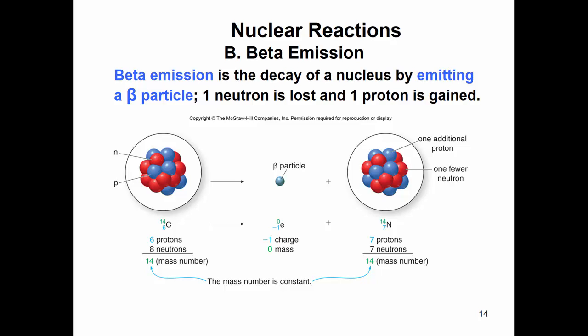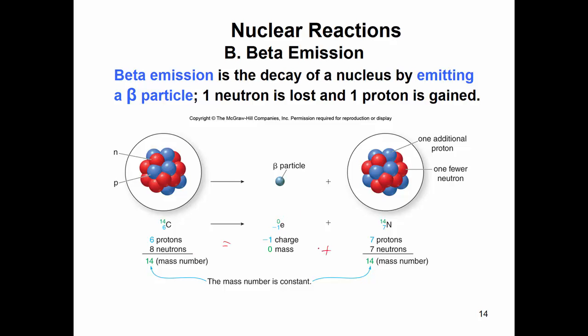All right, here is a beta emission. We know a beta particle looks like an electron, so we do the same thing here. We have a 14 and a 6 over here, and here we have a 7 and a 14. Look here, this is negative, so you have to subtract. 7 minus 1 equals 6, so that works. 14 plus 0 equals 14, right?